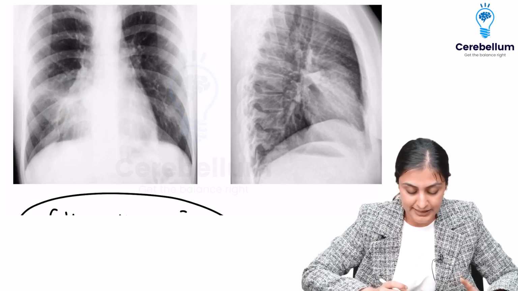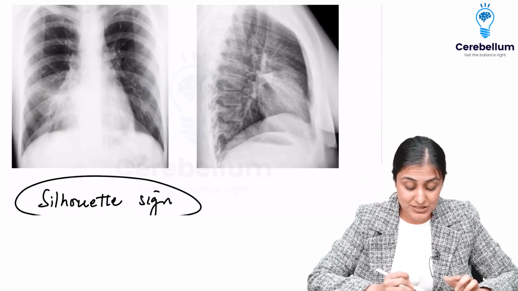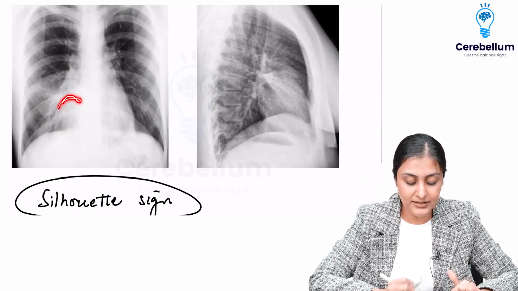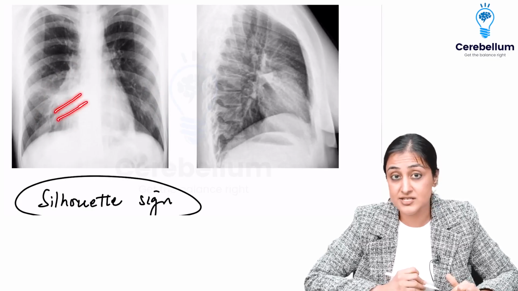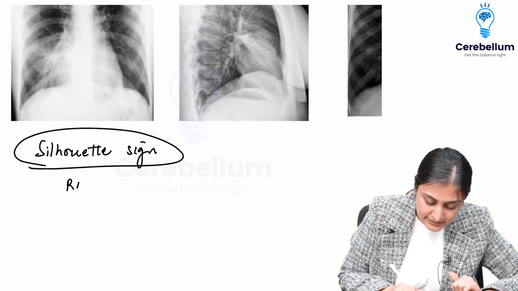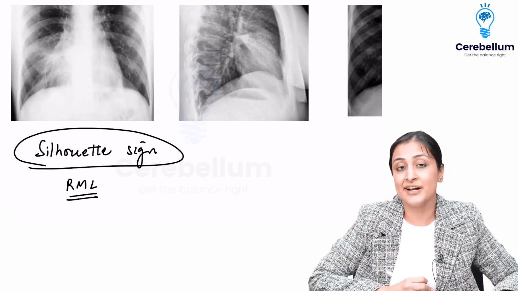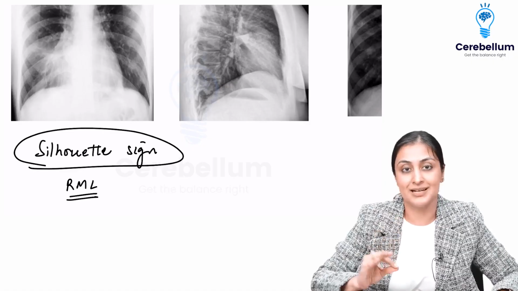I can't really. Both of them are merging into one another. So when you see that an opacity obliterates the heart border, we cannot distinguish the opacity from the heart border. It is in the middle lobe. So when it silhouettes the right heart border, it's the middle lobe, right middle lobe.